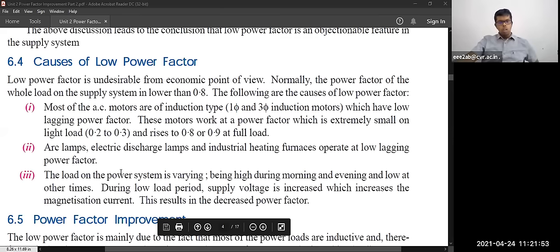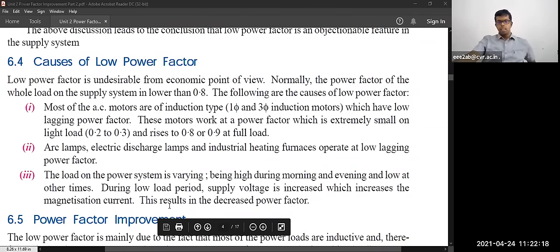Next, the load on the power system is high during morning and evening, and low at other times. During the load period, the supply voltage will be increased, which increases the magnetization current.